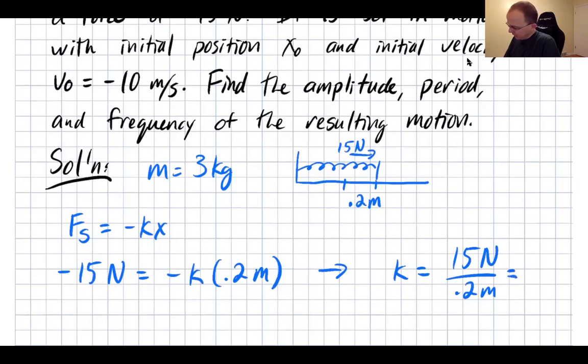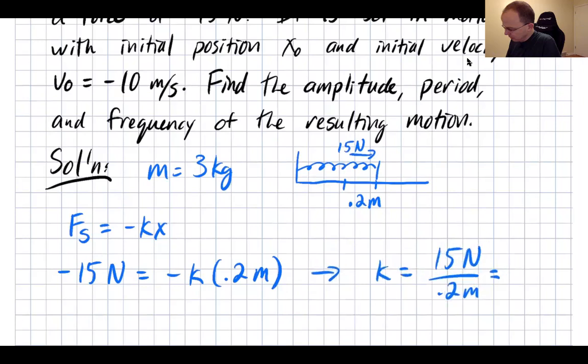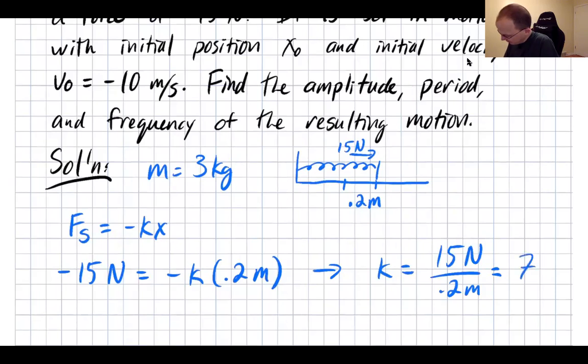Okay, and that will end up being, let's see, how do we think of this? That's like 5 times 15, because that's like dividing by 1 over 5. So multiply by 5. So 5 times 15 is 75 newtons per meter.